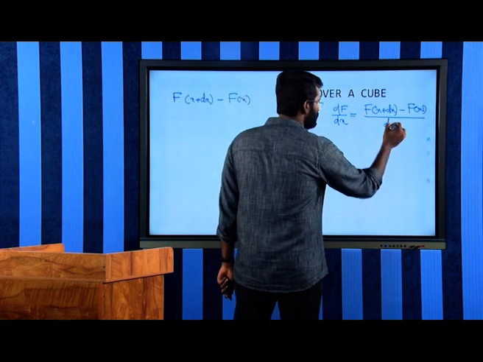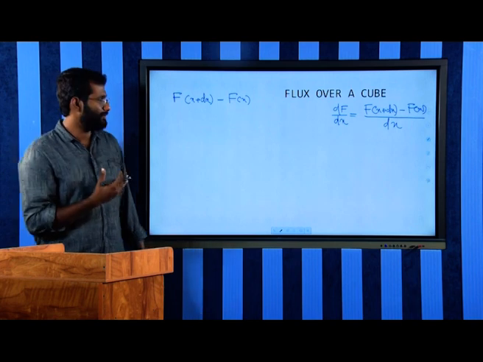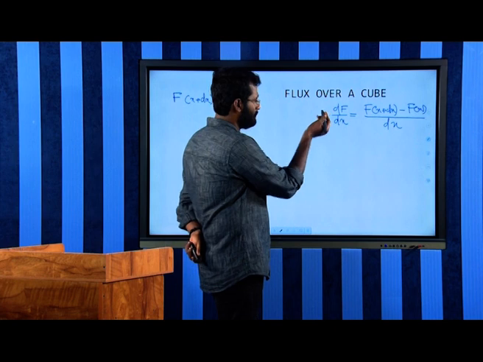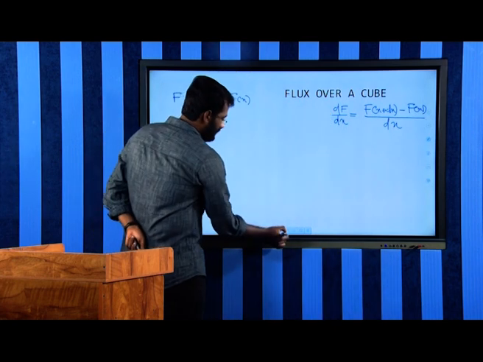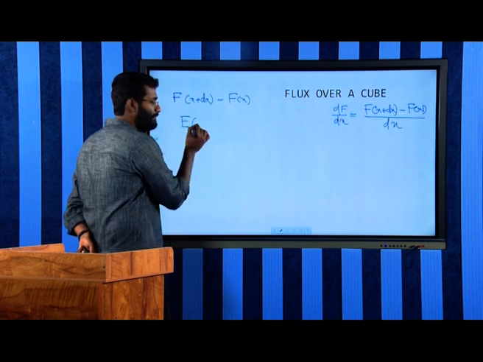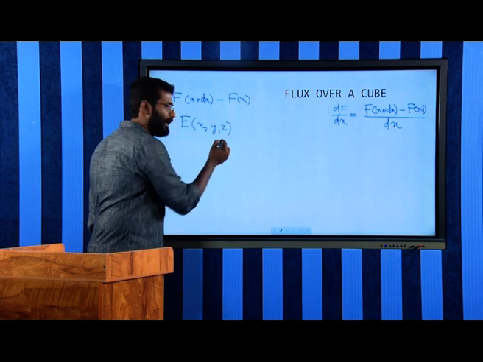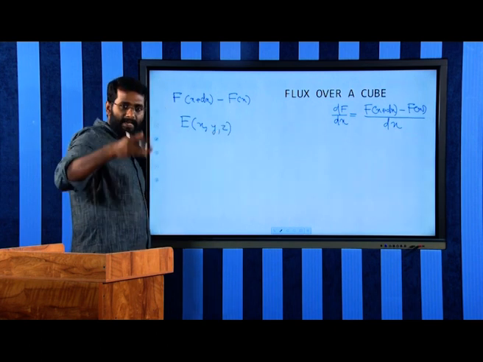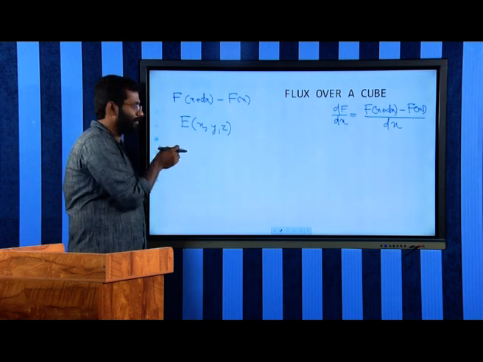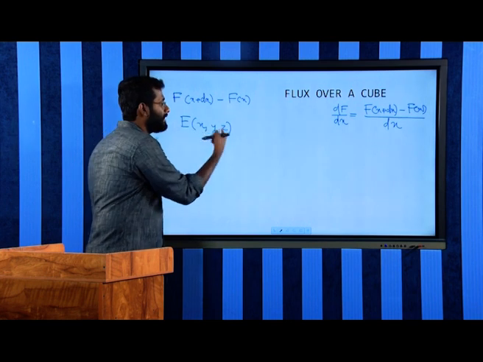This is the definition of differentiation, the first principle of differentiation. In our case it is not just f, we have an E there, but E is not just a function of x only. There is x, y and z, and we took only two surfaces, the front surface and the back surface. When we go from the front surface to the back surface, the only difference is in x. We are keeping y and z constant.